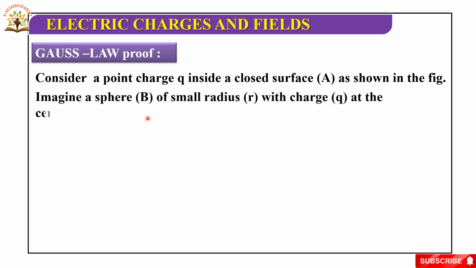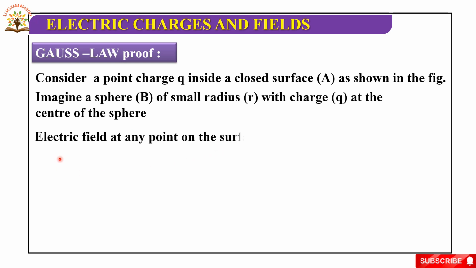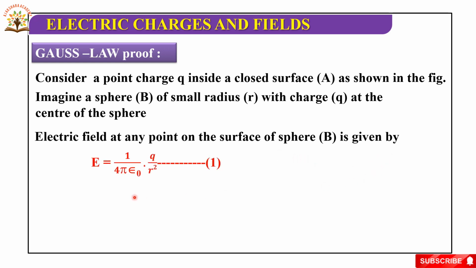Imagine a sphere B of small radius r with charge Q at the center of the sphere. Electric field at any point on the surface of sphere B is given by E is equal to 1 by 4 pi epsilon naught Q by r square. This is equation number 1.